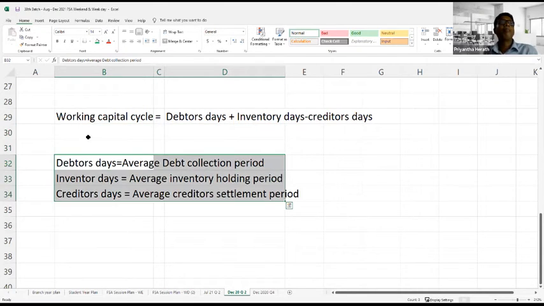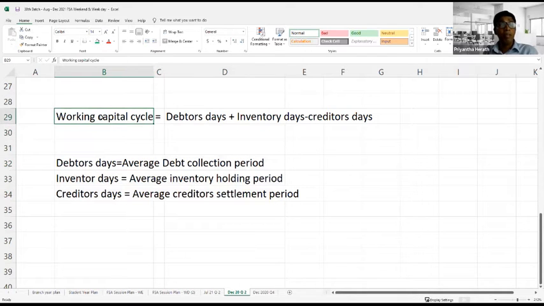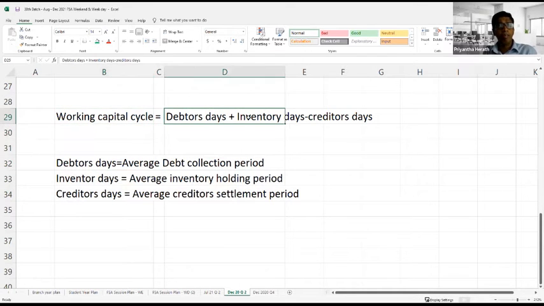So we need to estimate the working capital cycle. To do that, you need to calculate debtors days or average debt collection period, average inventory holding period, and creditors days. Let's see whether these details are there in your question.